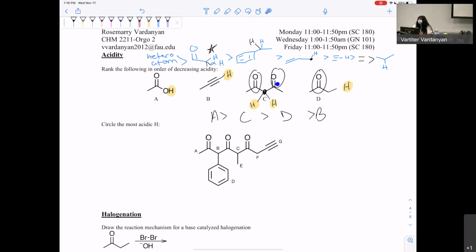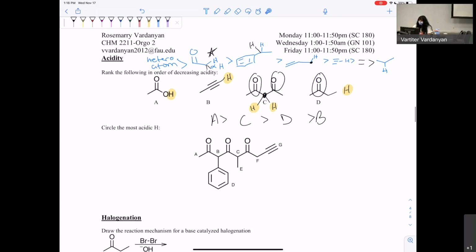So it's like double alpha. Whereas this one is only 1 alpha position. There's only 1 carbonyl. So the more carbonyls you have, the more acidic it's going to be. So this guy is more acidic than D. And D is still better than B because D is an alpha carbon and B is a triple bond.